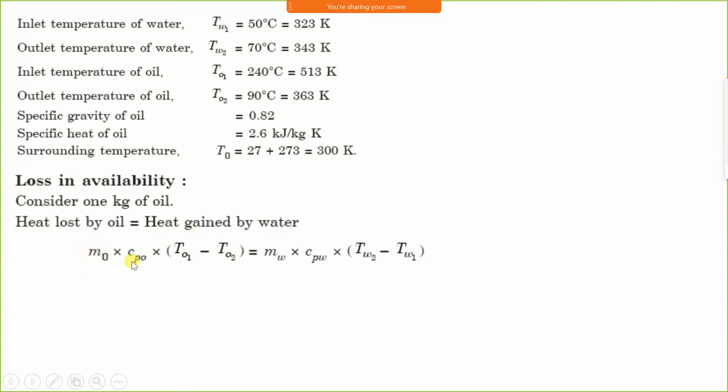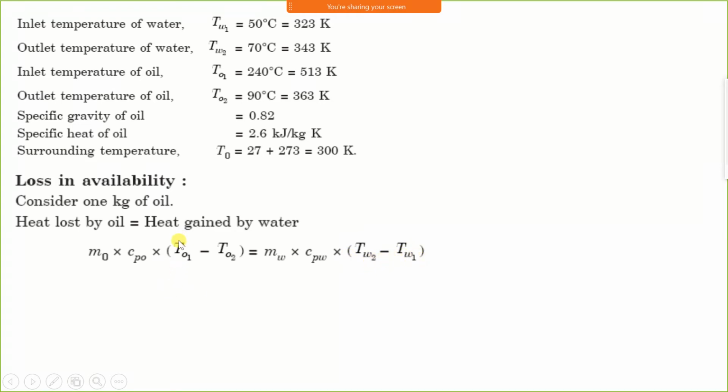Therefore, m cp delta T of oil is equal to m cp delta T of water. MO is the mass of oil, CPO is the specific heat of oil, TO1 inlet temperature of oil, TO2 outlet temperature of oil, MW mass of water, CPW specific heat of water, TW2 outlet temperature of water minus TW1 inlet temperature of water.